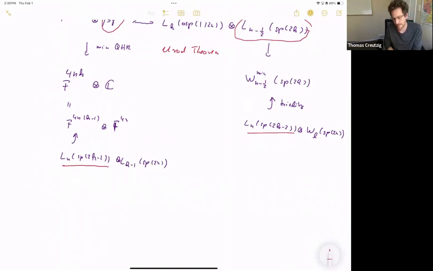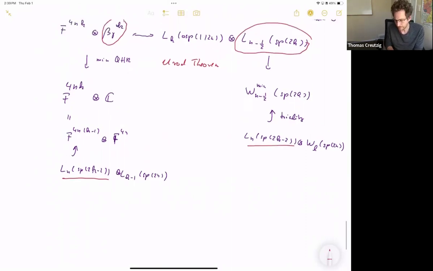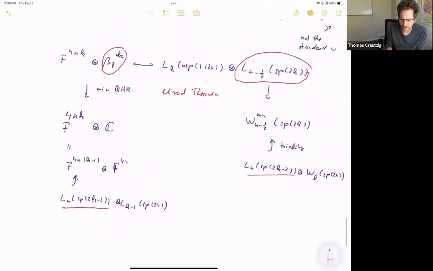And on the right-hand side, it is exactly the W algebra of type SP2n times the OSP1 to n. It's a very deep proof, mainly because it follows from this Urot theorem, and it's the explanation why there is the OSP1 to n.